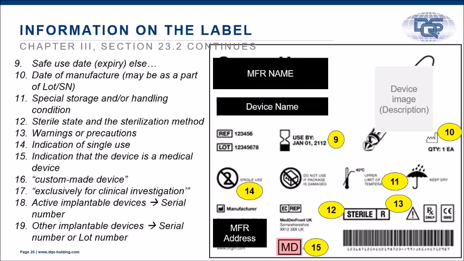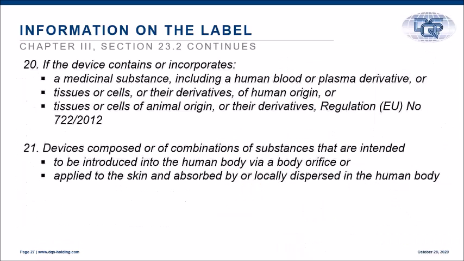Safe use, use by date, all those things are there in terms of the label requirements. There are specific requirements if the device contains or incorporates a medicinal substance, including human blood or plasma derivative, or tissue or cell derivatives of human origin or animal origin. You need to comply with a specific regulation which also indicates the requirements related to information to be provided in the label.